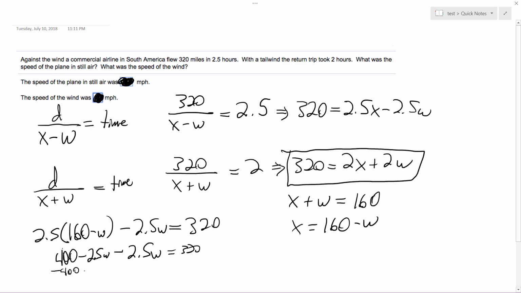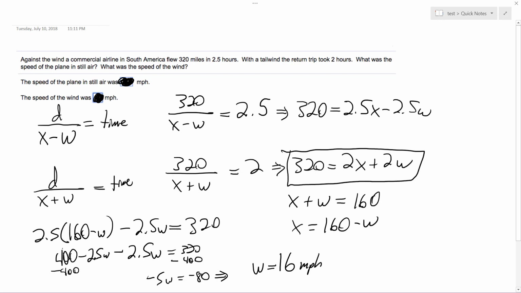Subtract 400 from both sides, and we're left with negative 5w is equal to negative 80. Then w is equal to 16 when we divide negative 80 by negative 5. So wind speed is 16 miles per hour.